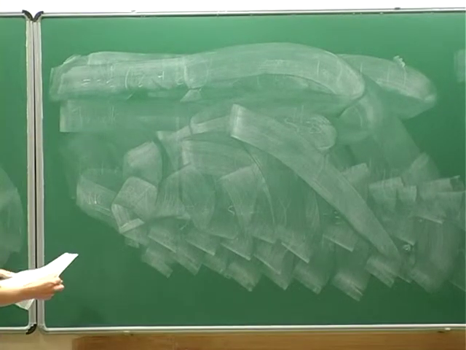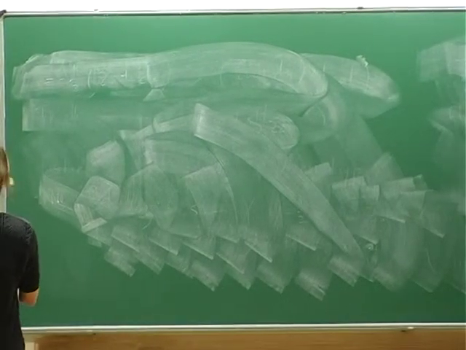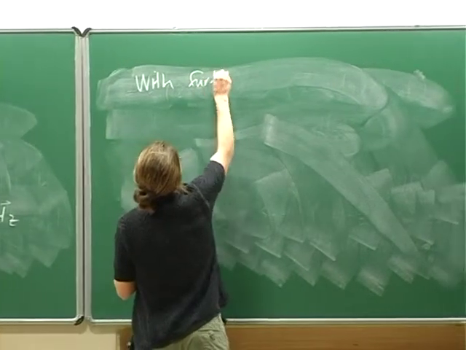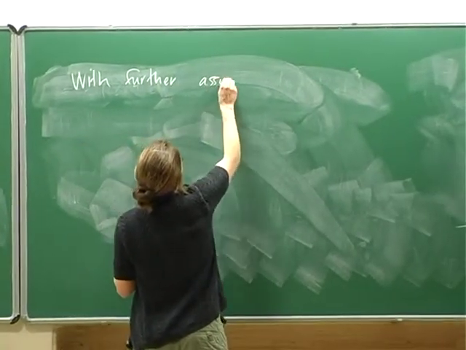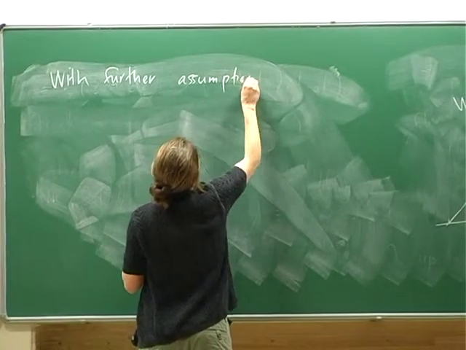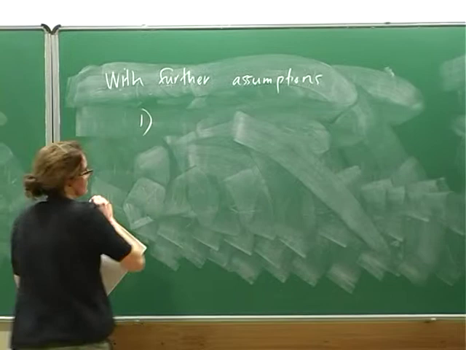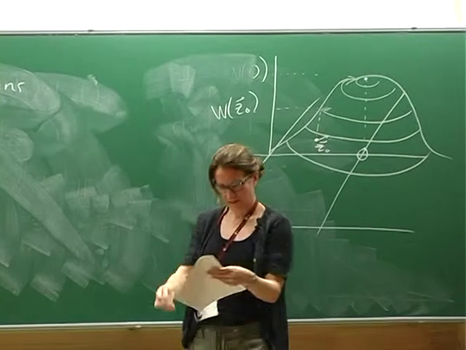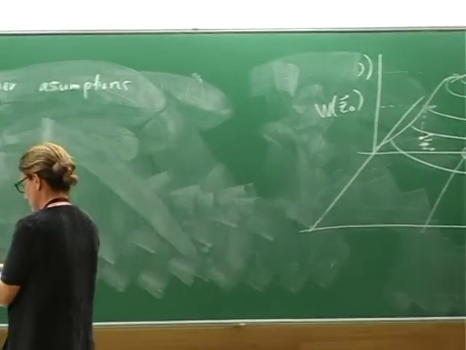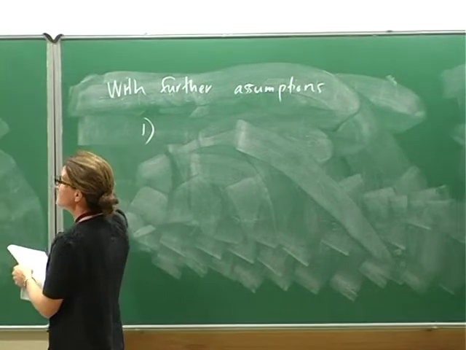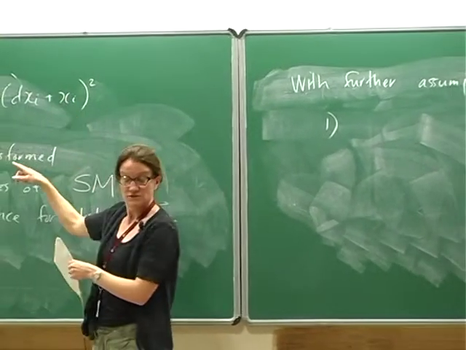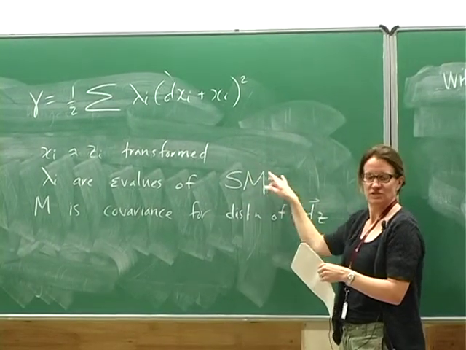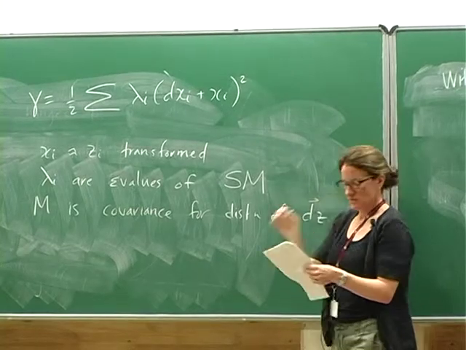But with some further assumptions, so one, I already assumed that this S0 was quite small, and I'm actually going to reiterate that. We now need the xi to be small, which in the transformed coordinates, in this kind of accessible mutation space, means you're very close to the optimum.